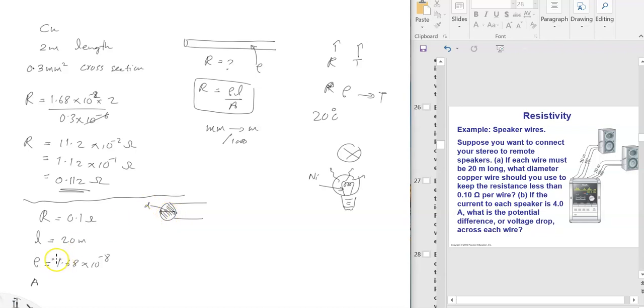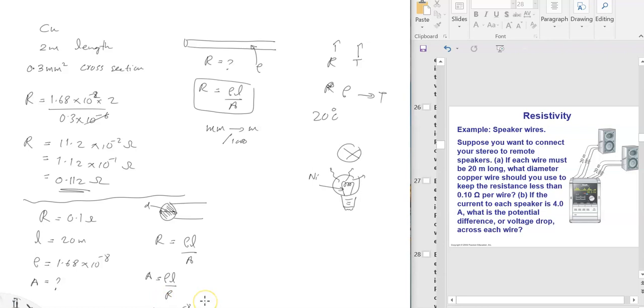So let's find the area and then we can get to the diameter later. Resistance is rho L over A, so A is rho L over R. That's 1.68 times 10 to the negative 8, times 20 meters, divided by resistance 0.1.